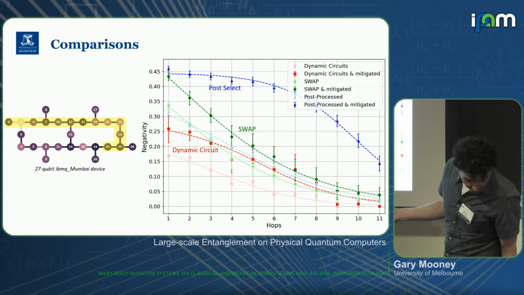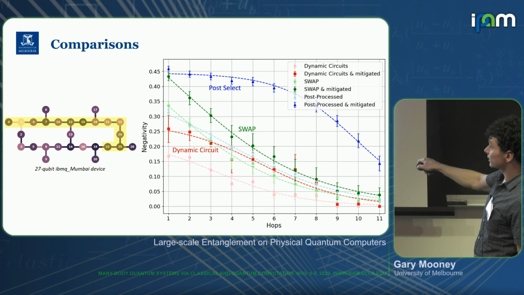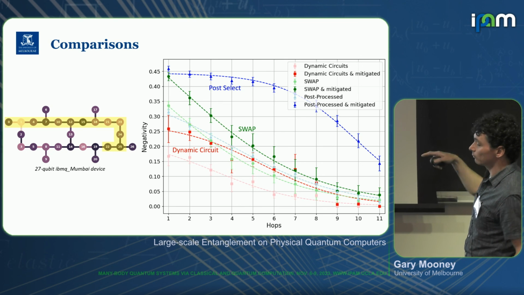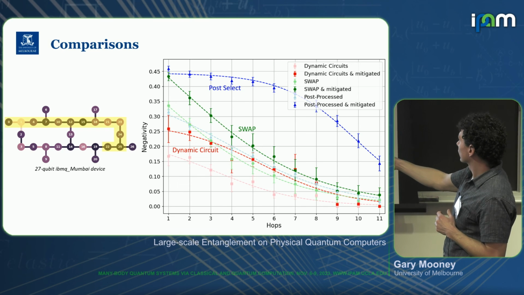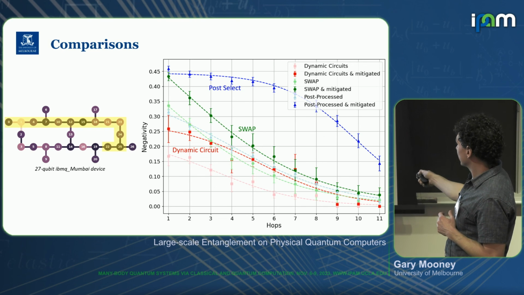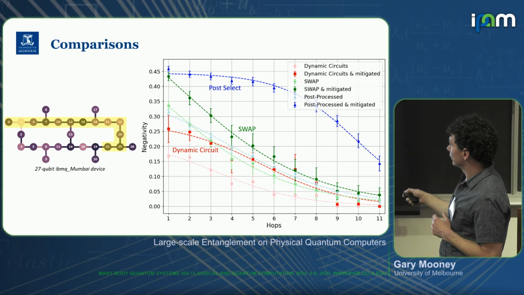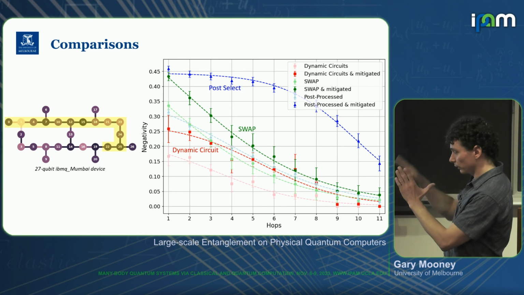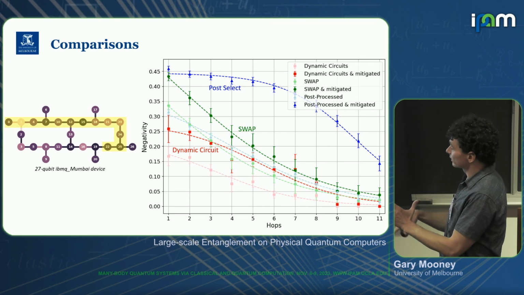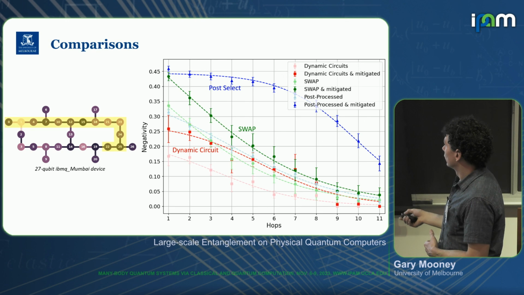So let's look at the comparison here. This is the amount of negativity, and this is the number of hops, so how many qubits we've actually teleported through or moved the state. And you can see the post-selection works way better. But interestingly, the swap method is still better than the dynamical circuit method, and that's probably because we're not currently doing the measurements in parallel, and because we can't really correct those, and they've got a lot of error in them.